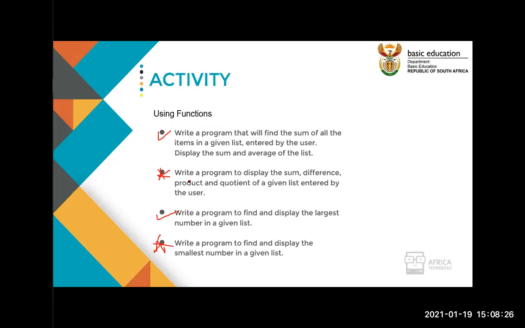So let's look at this one here. Write a program to display the sum, difference, product, quotient of a given list entered by the user. So let's open up a program to work with that.